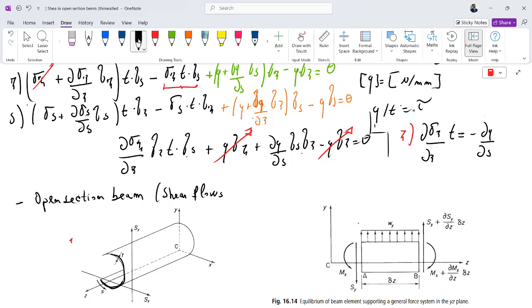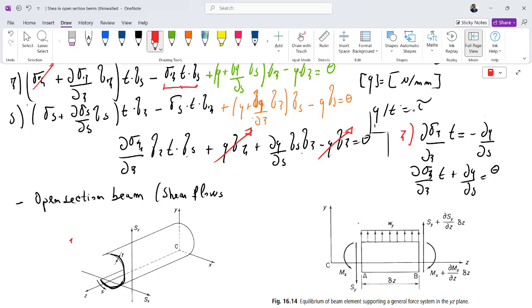Okay, this is the equilibrium equation along the z-axis: d sigma z divided by dz times t plus dq divided by ds is equal to 0.